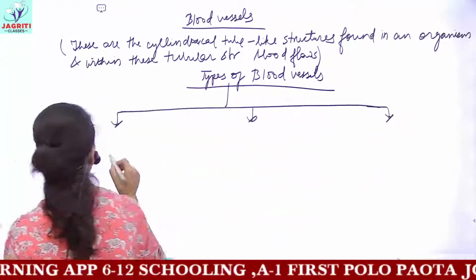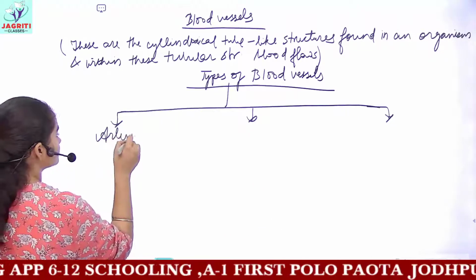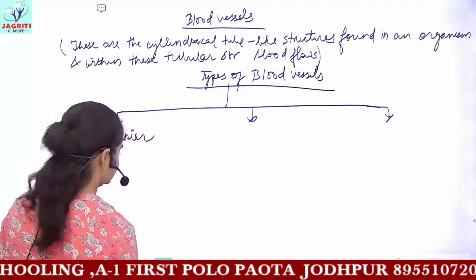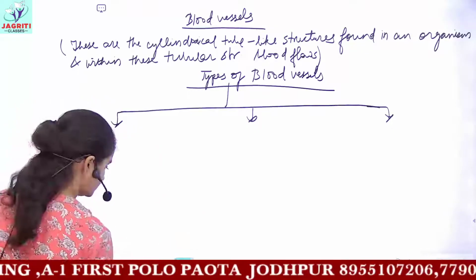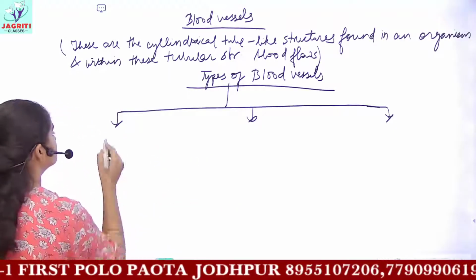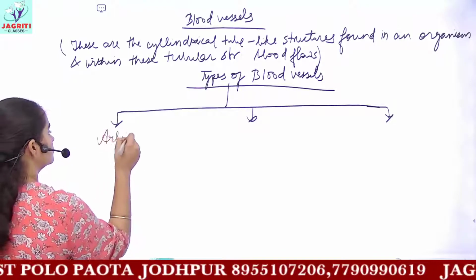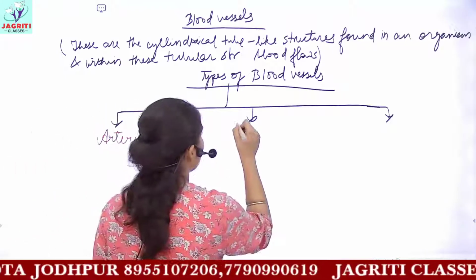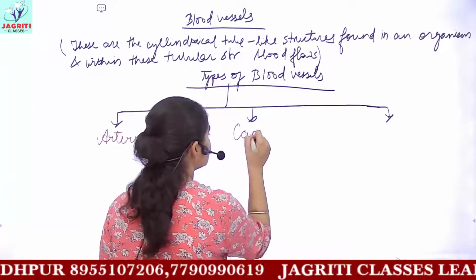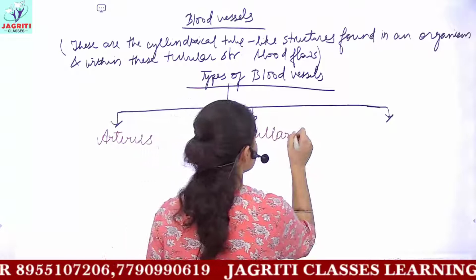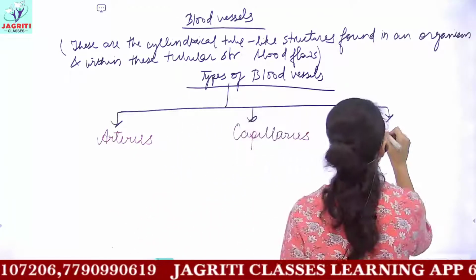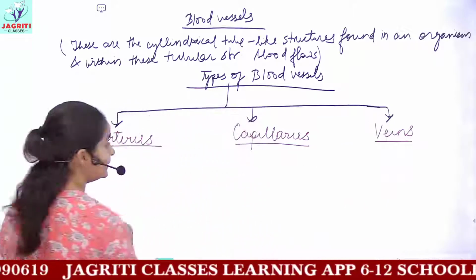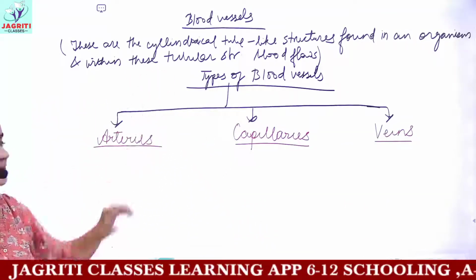The first is arteries. The next are capillaries. And the last one would be veins. So these three kinds of blood vessels are present in any circulatory system.